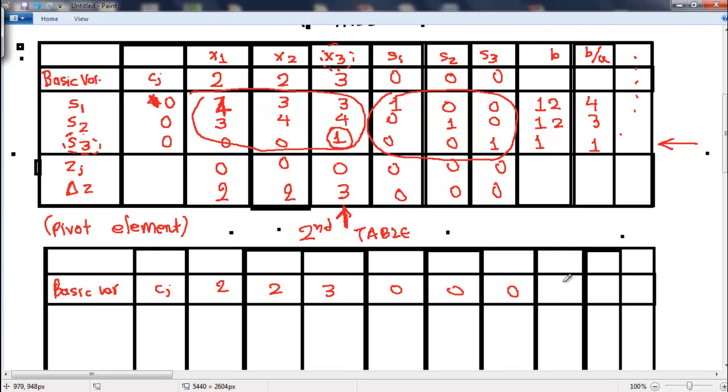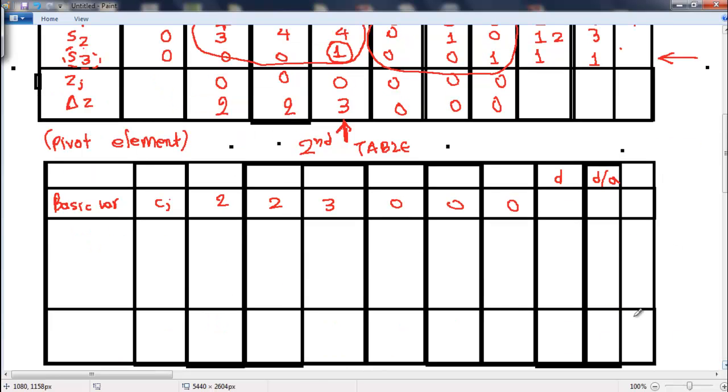Here also we have b, I will call it d now, and we'll have d over a. Now what's important to understand is that in the place of s3 we will have x3.